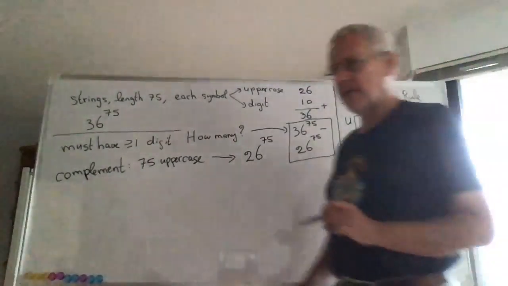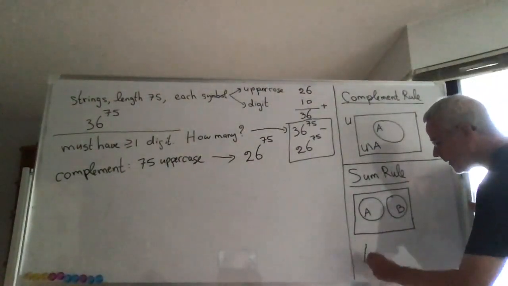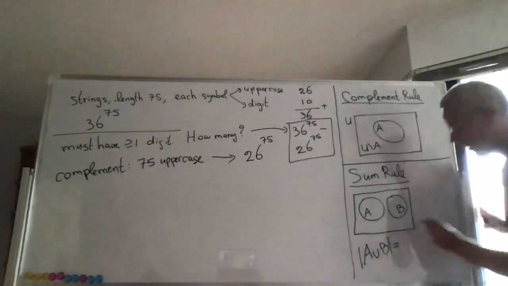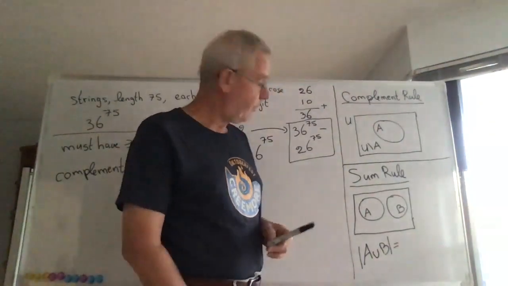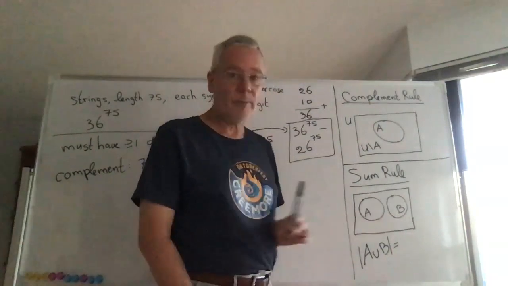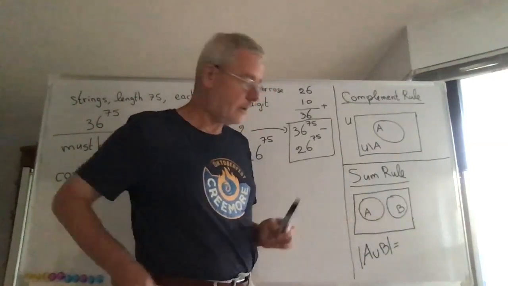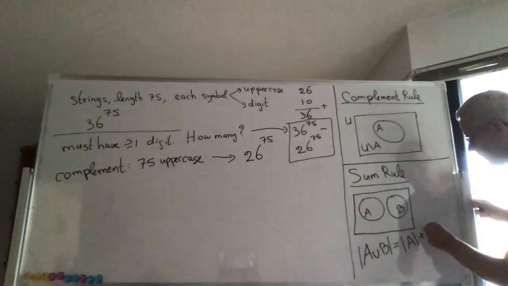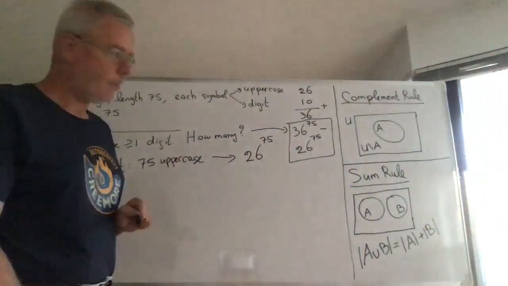So there is no element that is both in A and in B. And we would like to determine the size of the union of A and B. Since A and B do not share any elements, it should be obvious that the size of the union, which is all elements that are in A or in B, is, if A and B are disjoint, the size of A plus the size of B. Very simple rule, but it is useful.